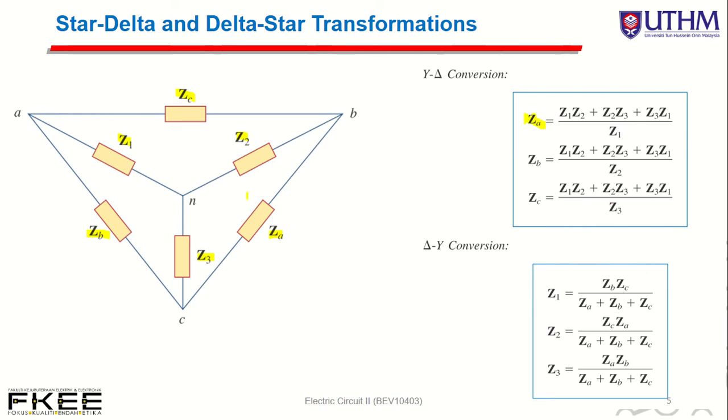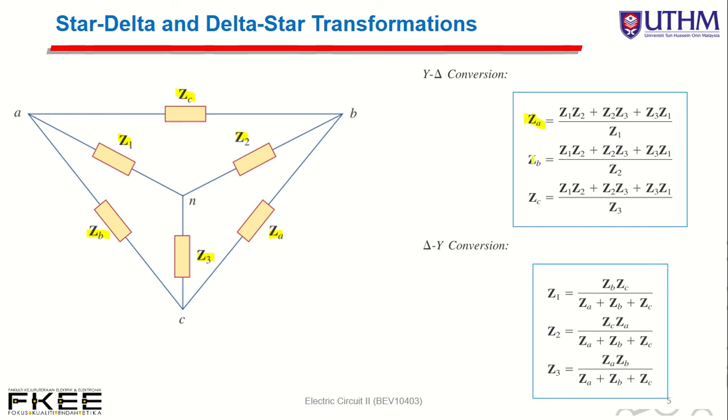To make it easier for you to remember, ZA equals Z1 times Z2 plus Z2 times Z3 plus Z3 times Z1. This is the sum of products around the circuit, and then divided by the opposite. What is the opposite? Z1.